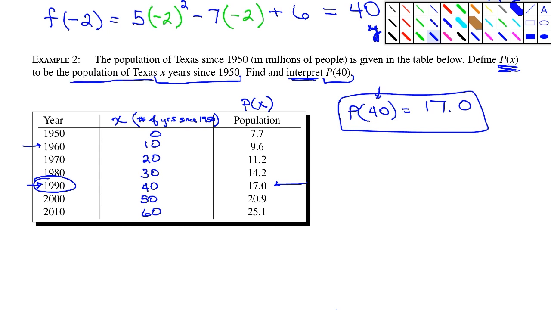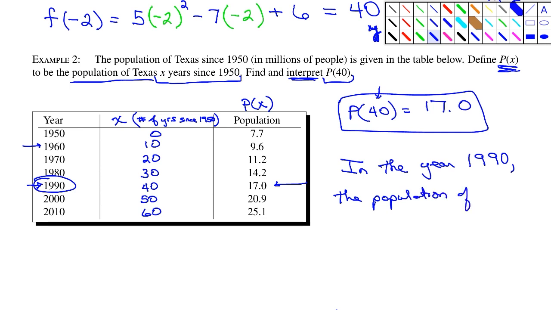So I can incorporate that into a sentence, and I can say the following. In the year 1990, the population of Texas was 17.0, and now you have to be careful.